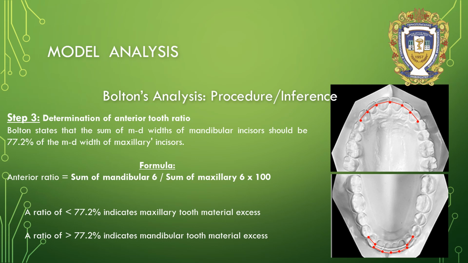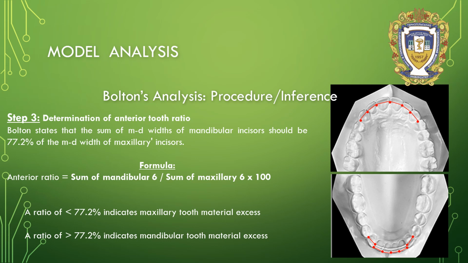And canines, of course. And formula is anterior ratio. It is sum of mandibular 6s divided into sum of maxillary 6s and multiplied in 100.